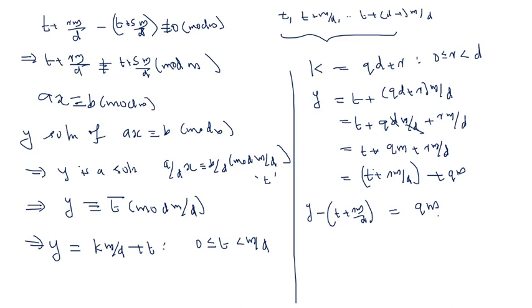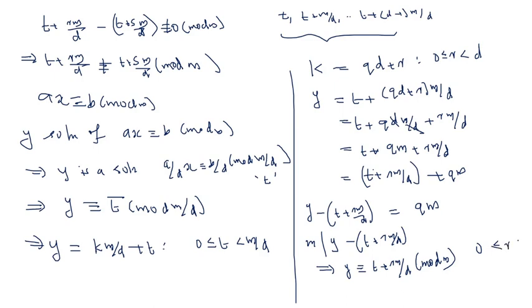That means m divides the right hand side, therefore m divides the left hand side, that is y minus (t plus r times m by d), or we can say that y is congruent to t plus r times m by d modulo m, where the range of r is 0 less than or equal to r strictly less than d.